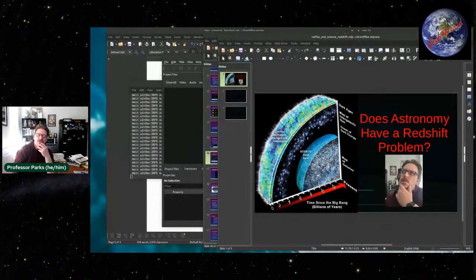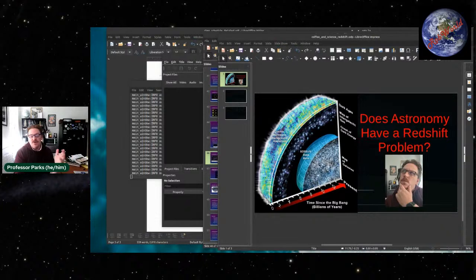The subject matter is basically this. It's been pointed out to me by a certain individual that there are anomalies, or at least he claims that there are anomalies, in astronomical redshifts. And apparently he has nine instances of these anomalies.